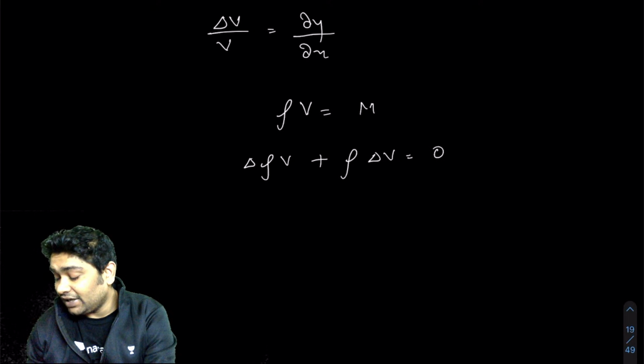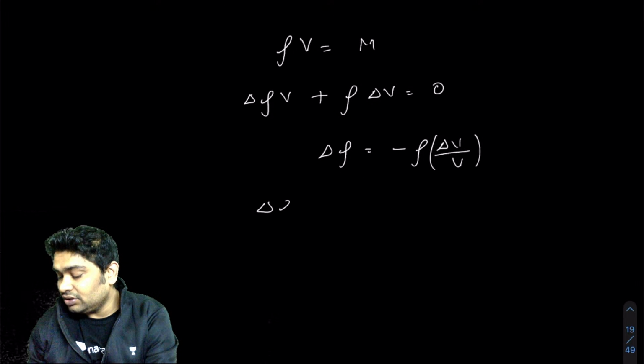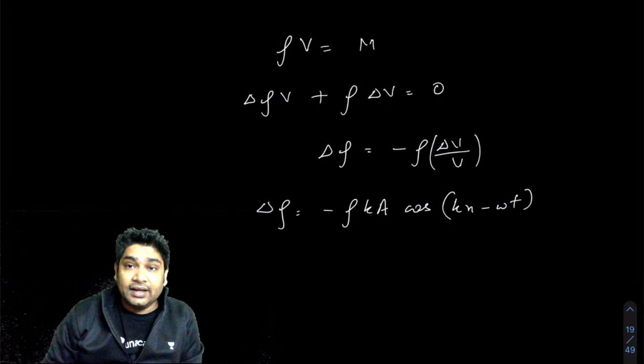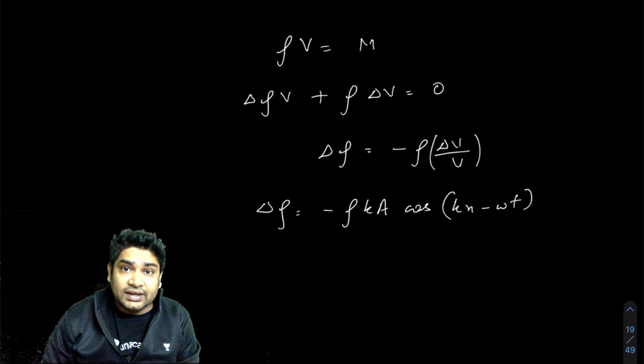So from here, delta rho is equal to minus rho delta V over V. So again, I have delta rho equals minus rho a k cos of kx minus omega t. So again, if you had the displacement equation, then you can easily predict the density equation as well as the pressure equation.